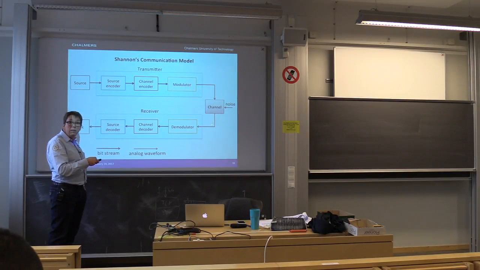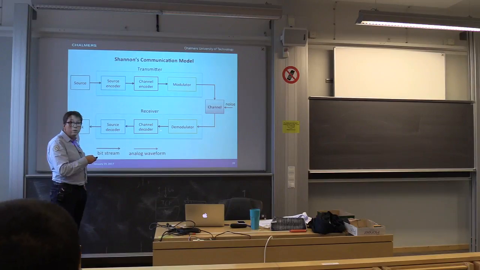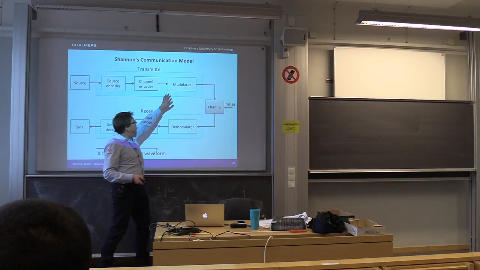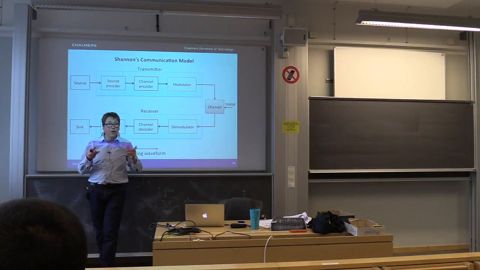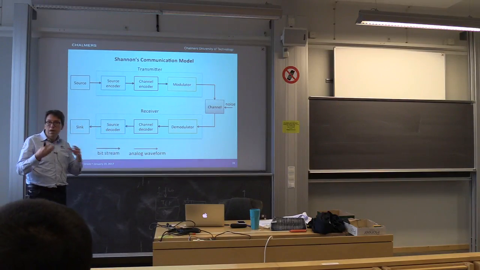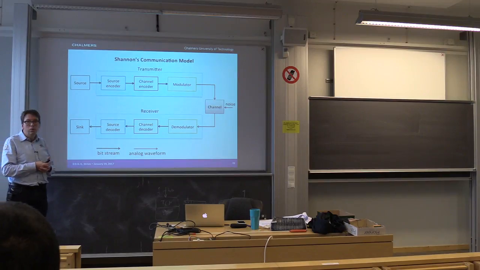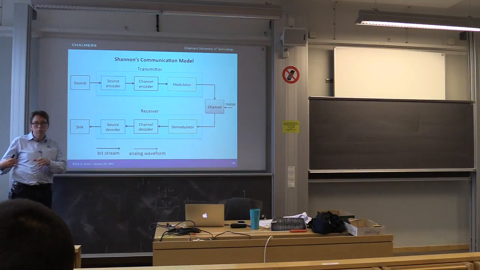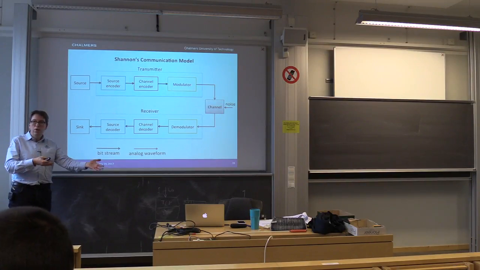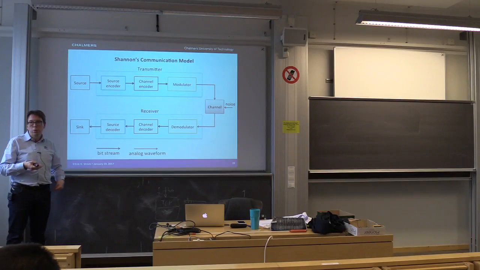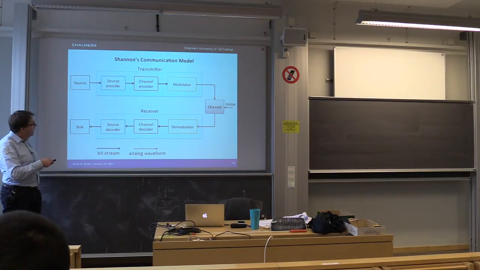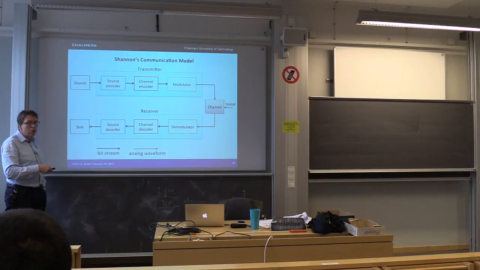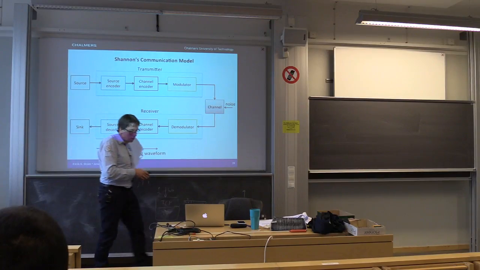And the demodulator is the inverse. It's from waveforms to bits. But this D to A and A to D are different from what we usually are used to when we talk about sampling and reconstruction. They are designed differently. But the overall purpose is to go from bits, which are numbers, ones and zeros, to a waveform, maybe a sinusoid with some properties. So the black things here are bit streams, and the red ones here are analog waveforms.